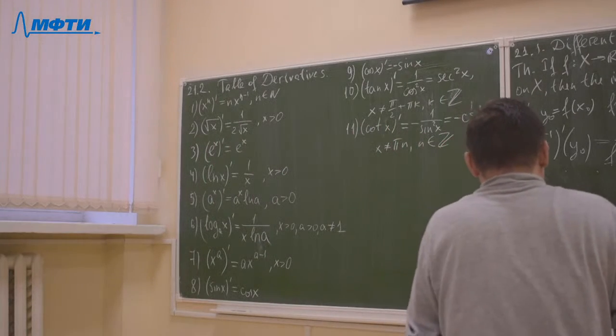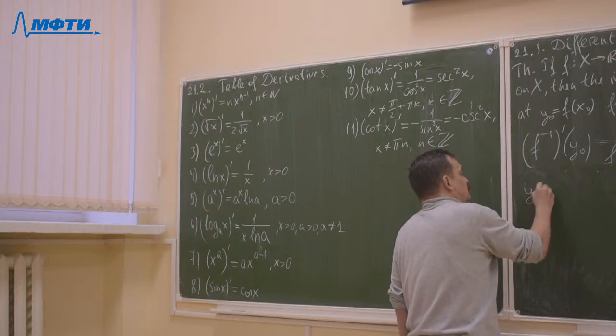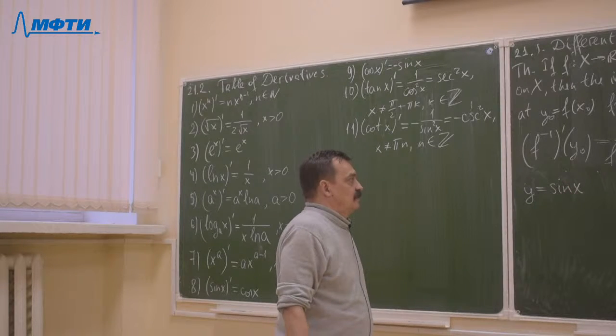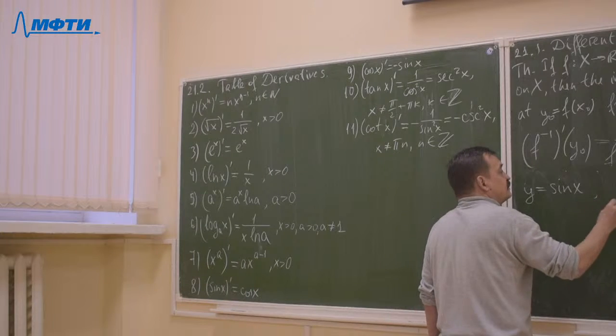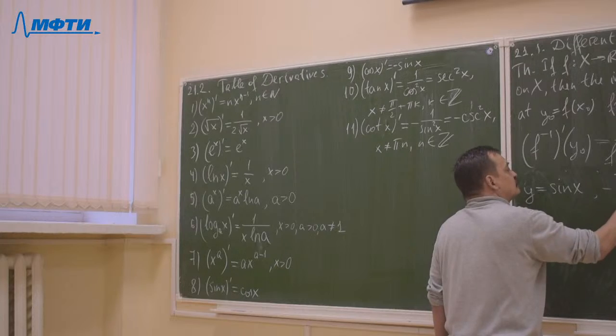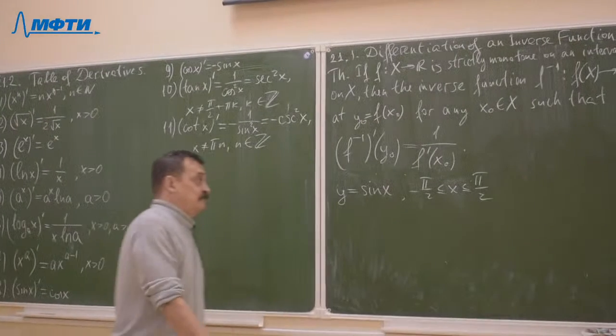So, for example, let's start with sine. How do we proceed? We restrict x to the values between minus pi over 2 and pi over 2.